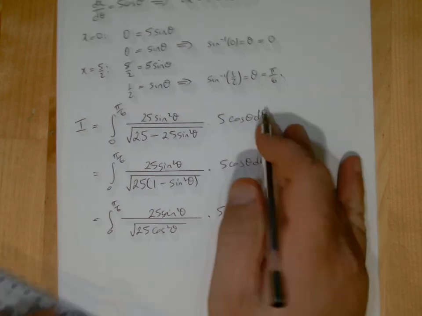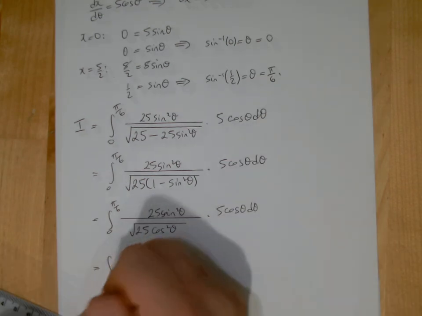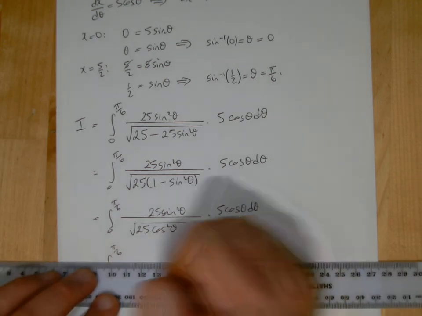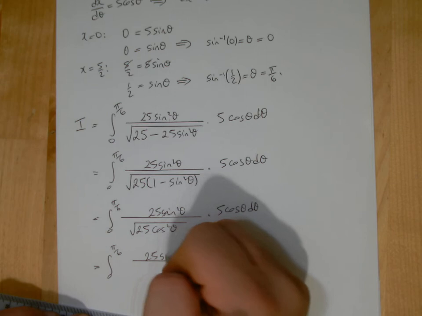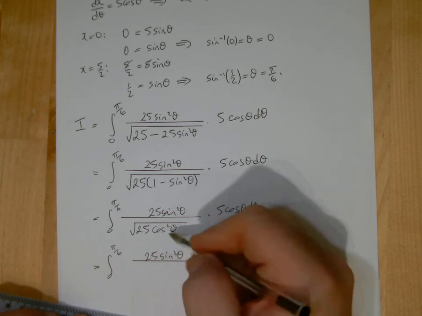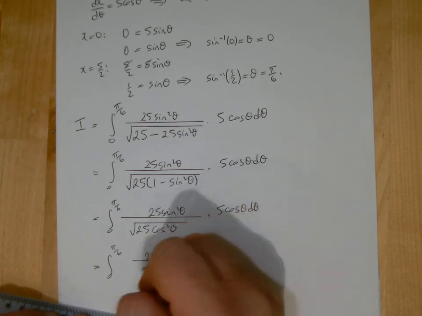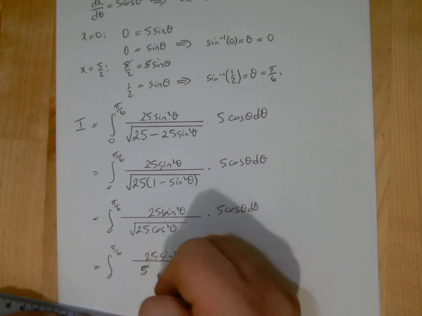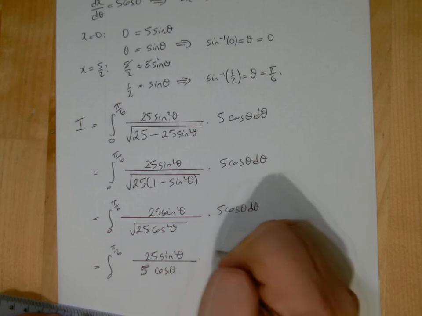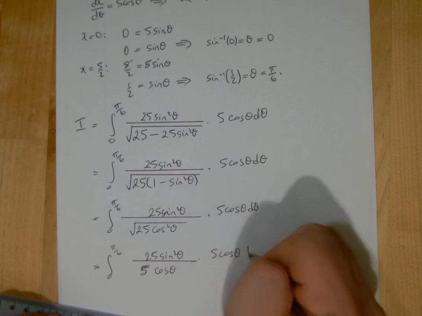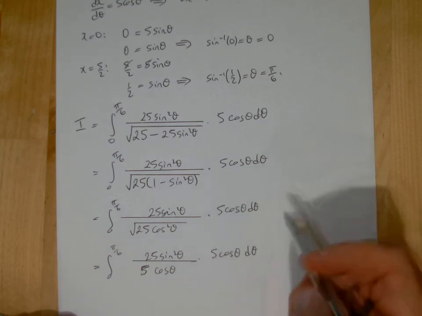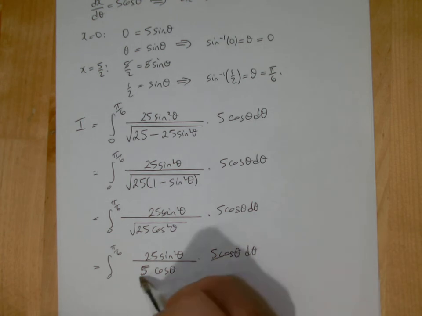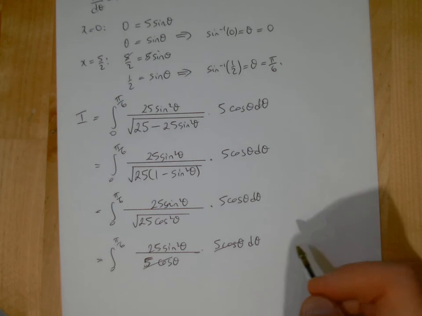And then on the bottom then, lovely, you can see you're rooting 25 cos squared theta. So if you root 25, you get 5. If you root cos squared, you get cos. And then, of course, what's nice is, look, you've got 5 cos theta here and 5 cos theta there. They cancel.